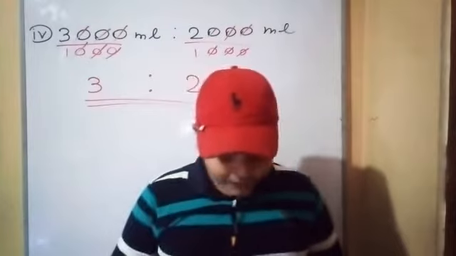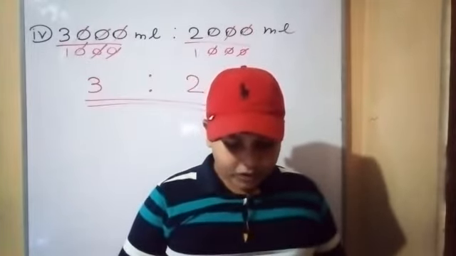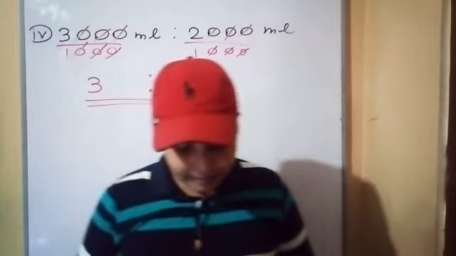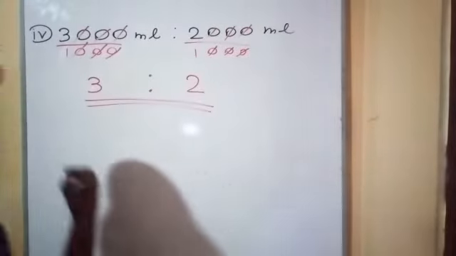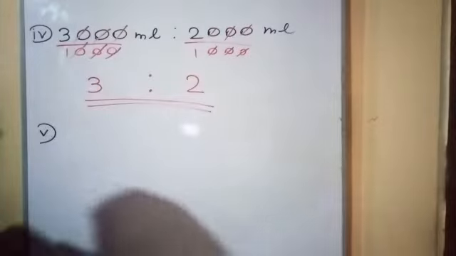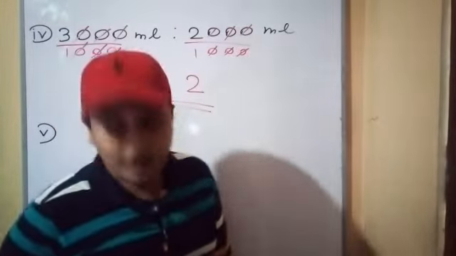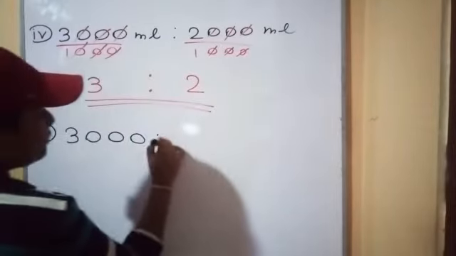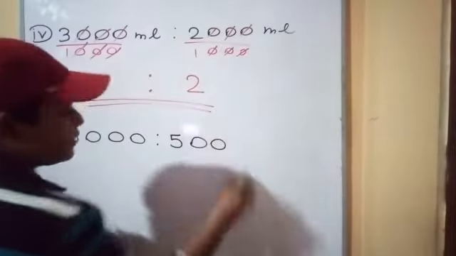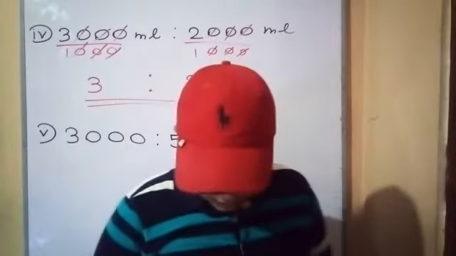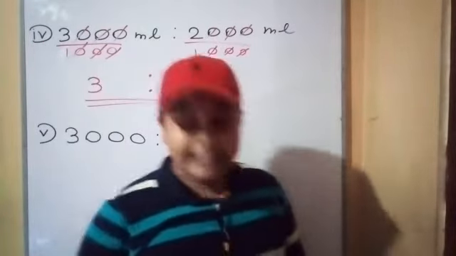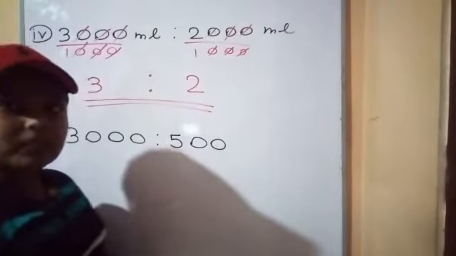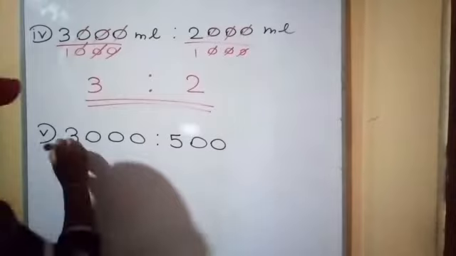Find the ratio of the amount of orange juice to the amount of lemon juice in the mixture. Express the ratio in the simplest form. That means the amount of orange juice is 3000. Lemon juice is 500. Now find this in simplest form. Simplest form means you can divide both by 100.